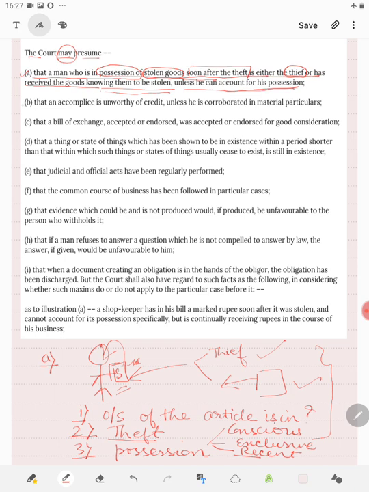Now, the second is very important. Many a time it will be asked. We will read it further when we are discussing section 133, and in great detail we will read it at that time, that an accomplice, that is a partner in crime, is unworthy of credit unless he is corroborated in material particulars.